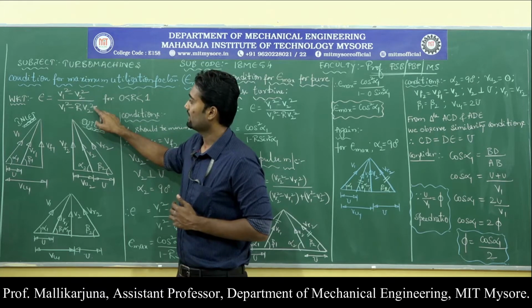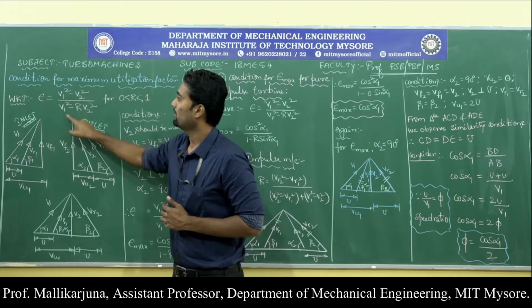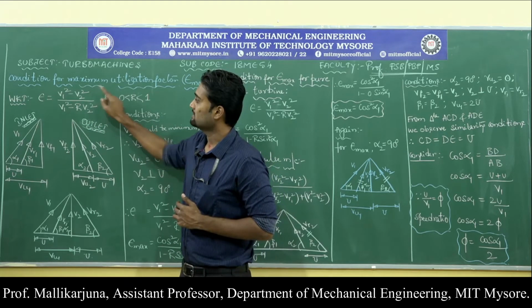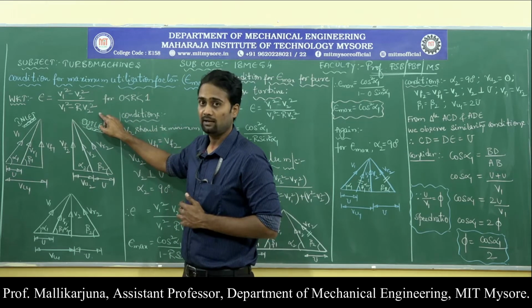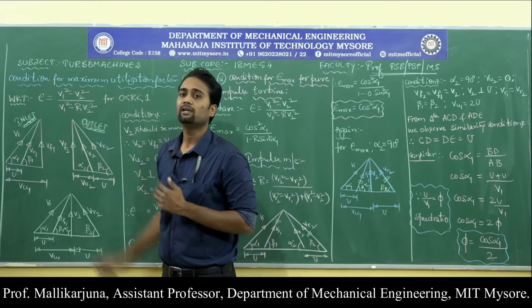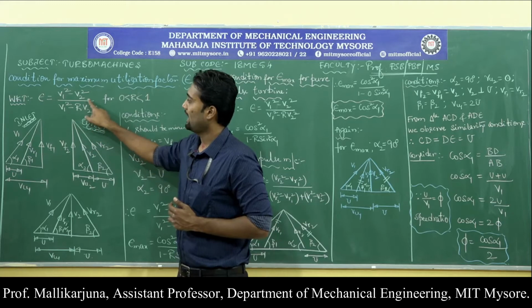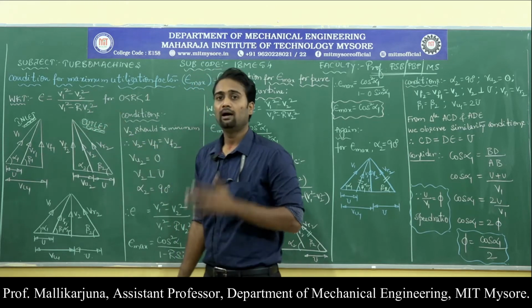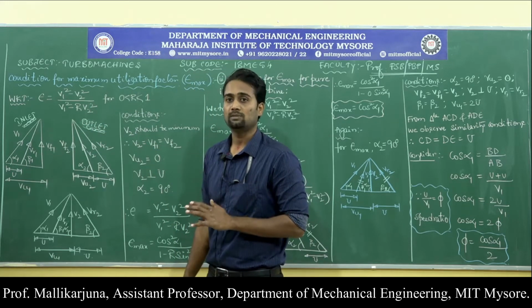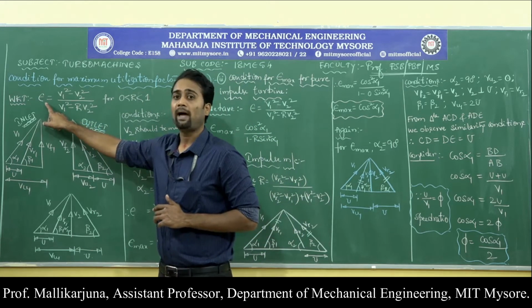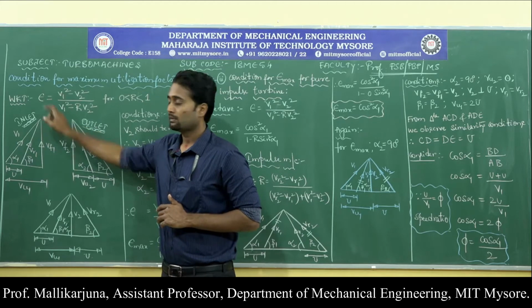Again, if we reduce the value of V2, the denominator decreases. Here the numerator increases, the denominator decreases. That means the ratio increases. That means the absolute velocity at the outlet should be as minimum as possible. Then only epsilon will reach its maximum value.